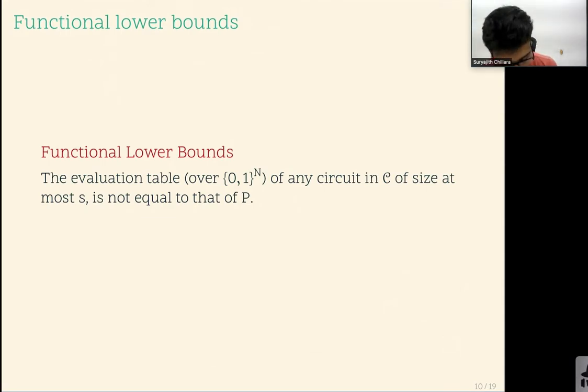So in this context, we have this C to be instantiated with sigma power sigma pi circuits and S to be instantiated with quasi-poly. So those are the kind of lower bounds that we are looking at.